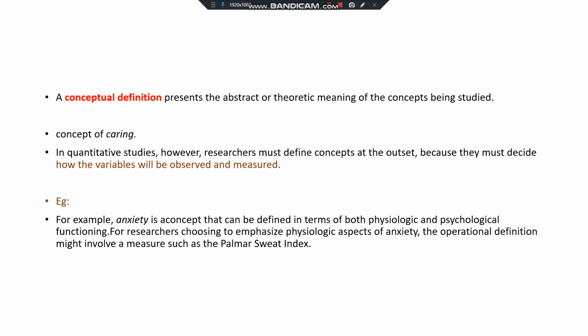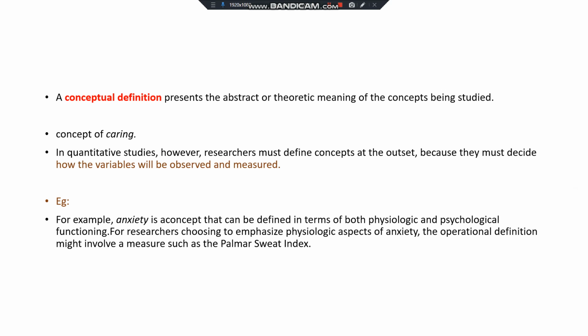Just keep in mind, in one study, this is one example. Here they are going to study anxiety. In anxiety, the concept is both physiological and psychological functioning. And next we are going to the operational definition, that is the Palmer sweat index. We'll see that. So first keep in mind, what is the conceptual definition? It is the meaning or abstract of the study, what concept we are going to study, what variables we are going to measure.